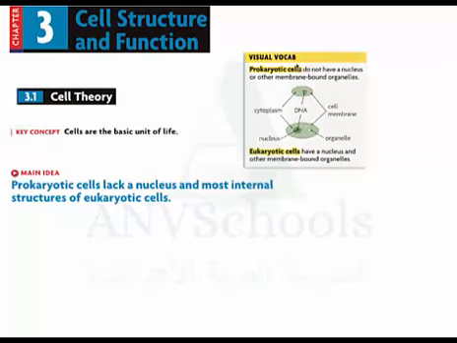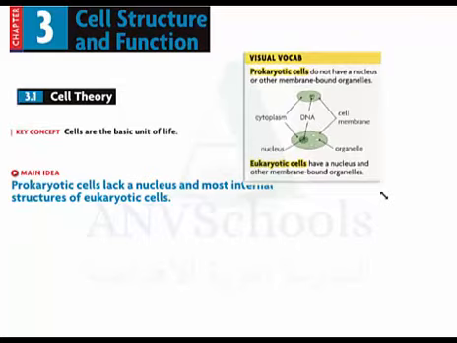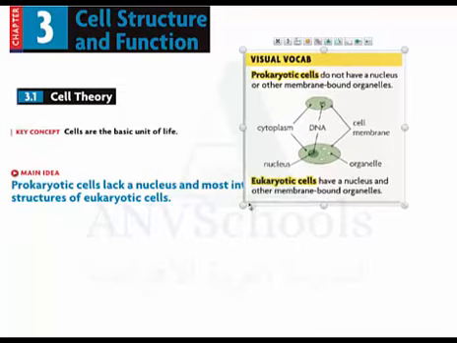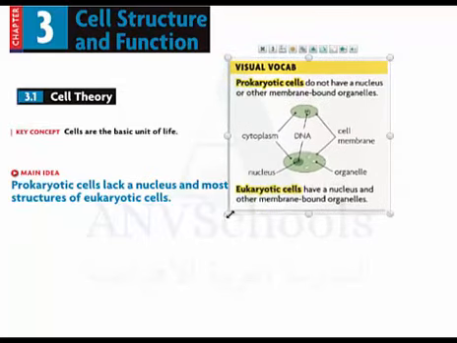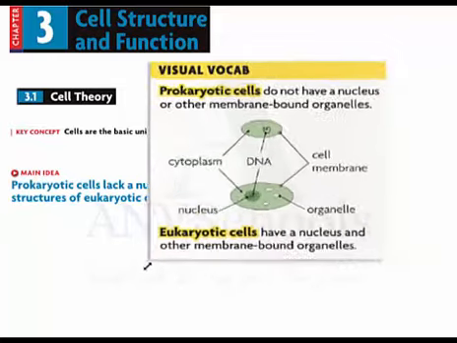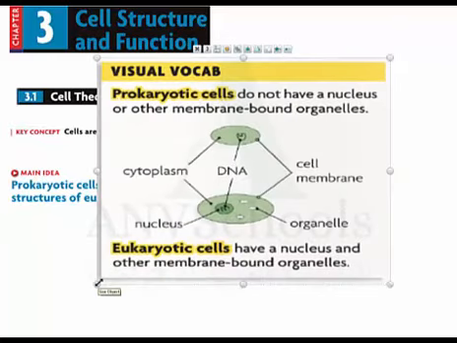So, in summary, prokaryotic cells do not have a nucleus and other membrane-bound organelles, while eukaryotic cells have a nucleus and other membrane-bound organelles.